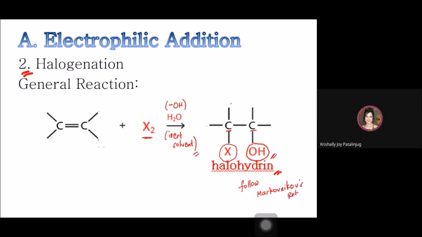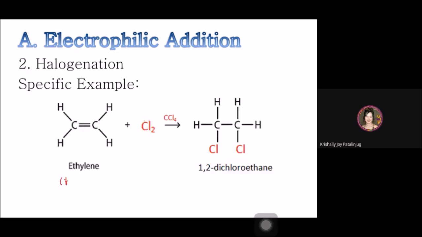Okay, so this is a good example, the simplest example. Let's say you have ethene, or ethylene, being added with chlorine gas. Since a halogen gas is added, this reaction is halogenation.